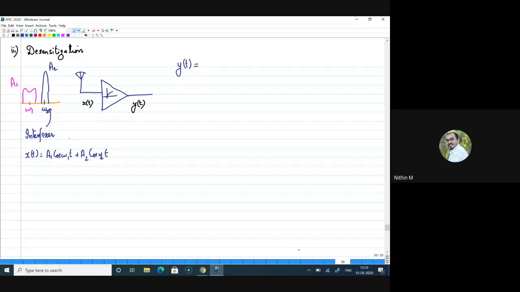How will I write y of t? Y of t can be written as alpha 1 plus 3 by 4 alpha 3 a1 square plus 3 by 2 alpha 3 a2 square.